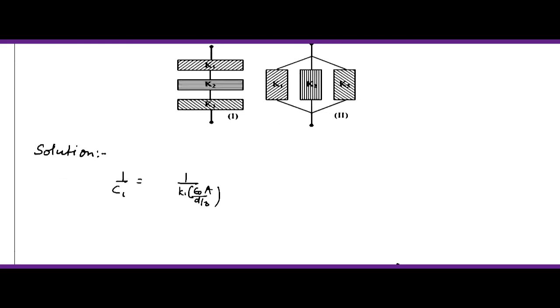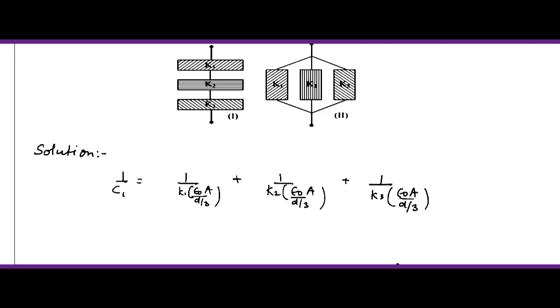So considering K1, the separation distance will be d by 3. Now for K2, 1 upon K2 epsilon naught A by d by 3. For K3, 1 upon K3 epsilon naught A by d by 3.